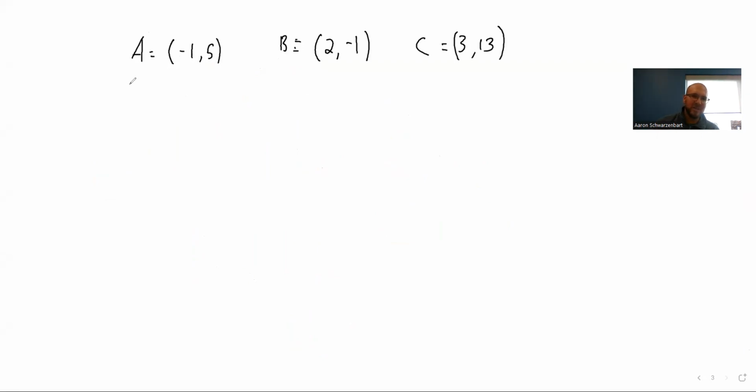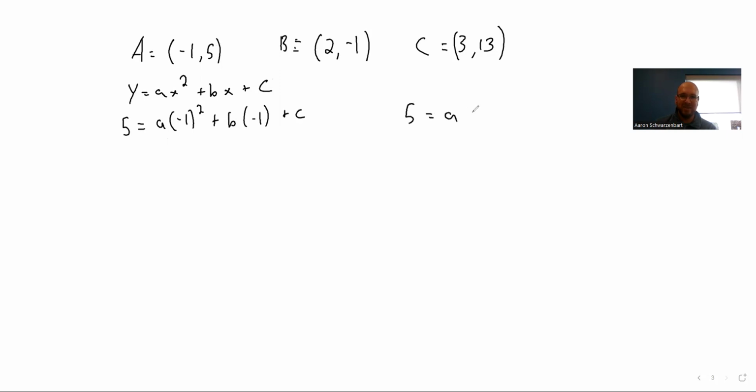And in general, we know that a quadratic equation in standard form is y equals ax squared plus bx plus c. So I am going to take both of these and plug in x and y. a times -1 squared plus b times -1 plus c. And that's going to give me 5 equals a minus b plus c. I'll do that for my next point, 2, -1.